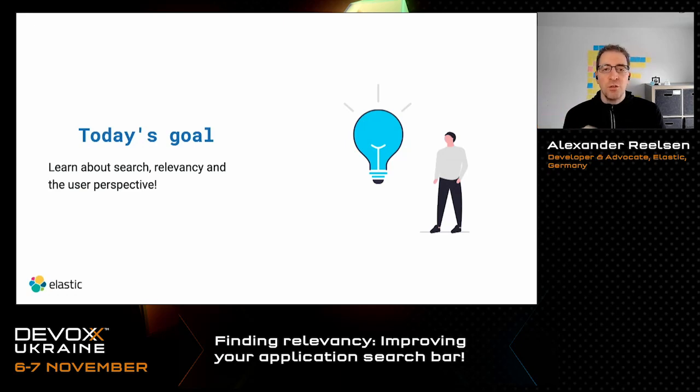You need to think from a user perspective. You can't just run a search and hope that this is what the user wants. Also, talk to your users and understand what they are expecting when they're running a search on your application. Before I joined Elastic, I used to run a B2B marketplace with Elasticsearch as a product search engine, primarily for the German market.